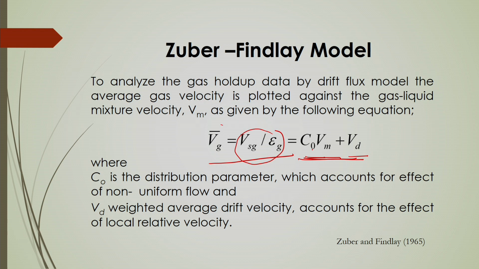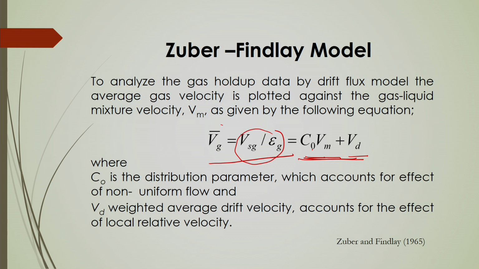If there is a non-uniform flow, the interaction of the bubbles will increase. That means in the radial and axial directions, the random motion of the bubbles and their interaction will be increased. So, it gives you the degree of interaction based on the distribution of the velocity, whether it is uniform or non-uniform.